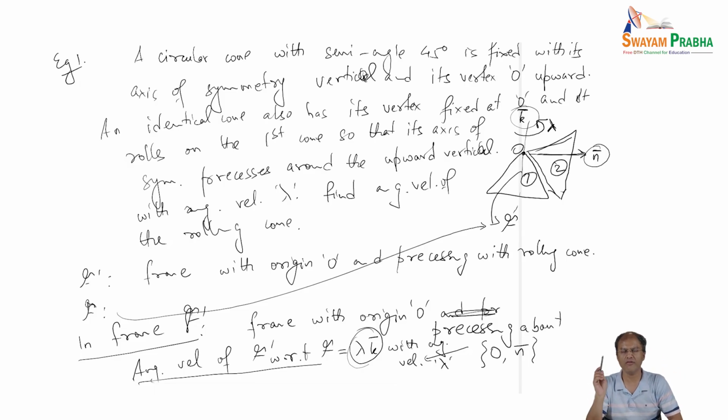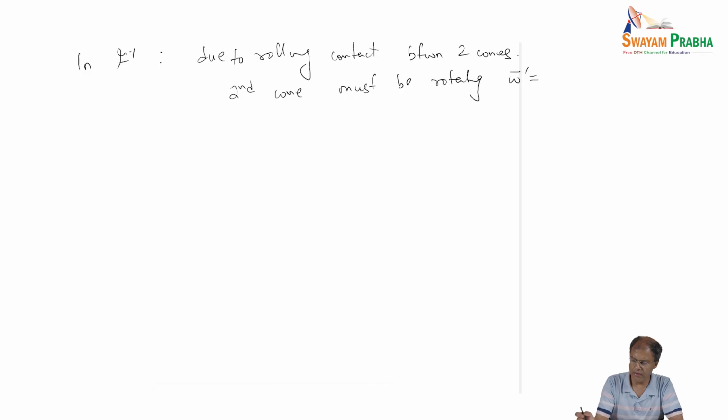If in our fixed frame the moving frame rotation is anti-clockwise, then the rolling rotation in the moving frame is clockwise. So we expect that in the moving frame our omega prime is minus lambda n. Why minus? Because of the clockwise rotation.